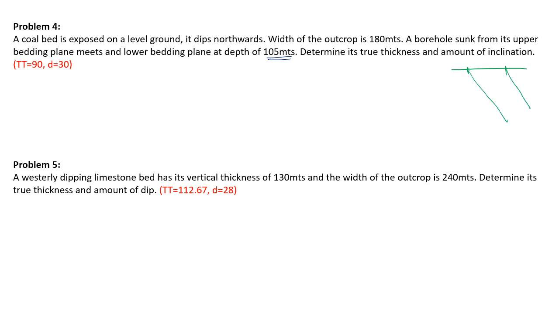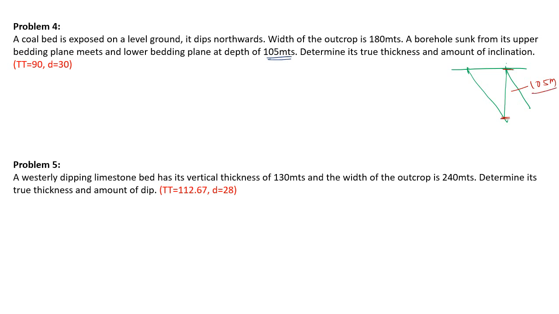Here, what they say is a borehole is sunk from its upper bedding plane, so this can be your upper bedding plane, and meets the lower bedding plane. So from this point the borehole is sunk, from here till here it meets the bottom bedding plane, and that distance is nothing but 105 meters.